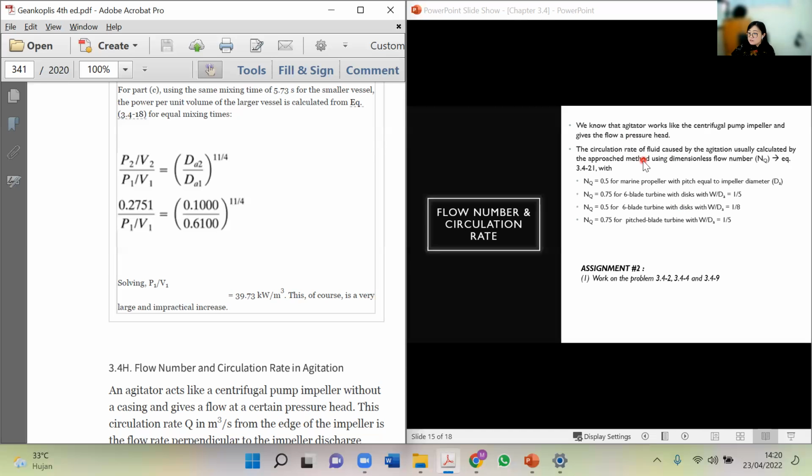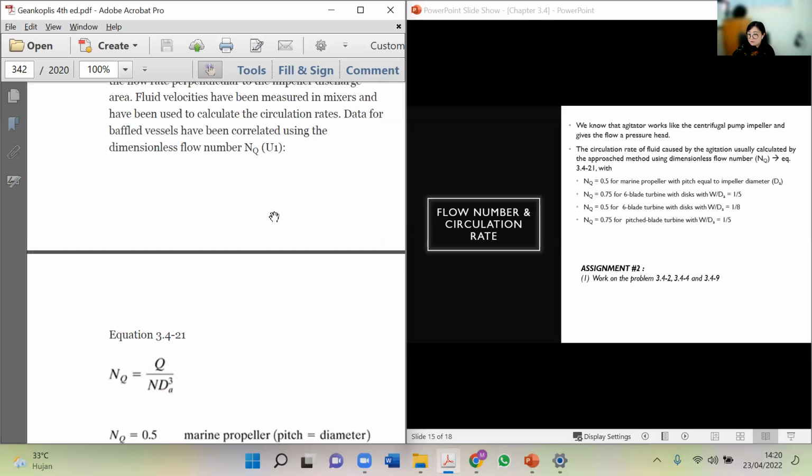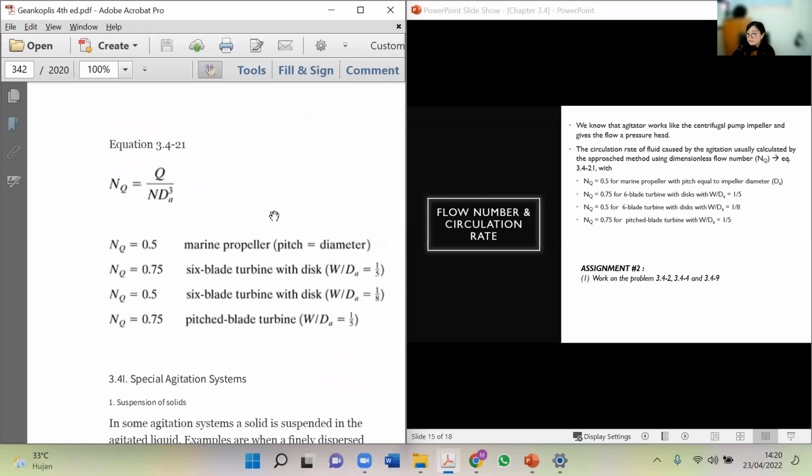So the circulation rate of the fluid caused by the agitation is usually calculated by the approximate method using a dimensionless flow number, or NQ. Okay, so I will put it down here. Now NQ itself can be calculated using equation 3.4-21, which is this one.